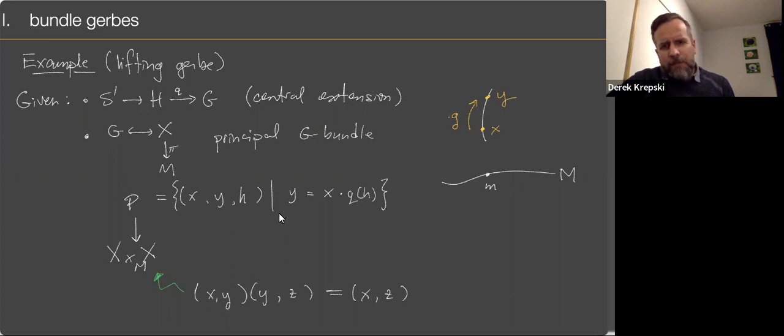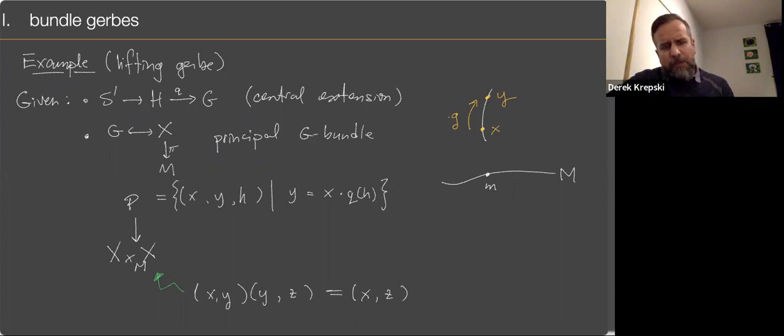It's not too hard to convince yourself that this map P is in fact a principal S1 bundle sitting over the fiber product. Now the fiber product itself is a Lie groupoid, an example of a Lie groupoid. We just heard about these in the previous talk by Dan.